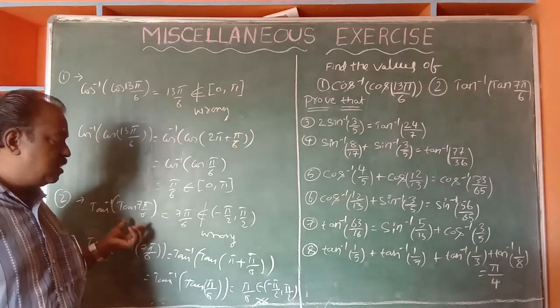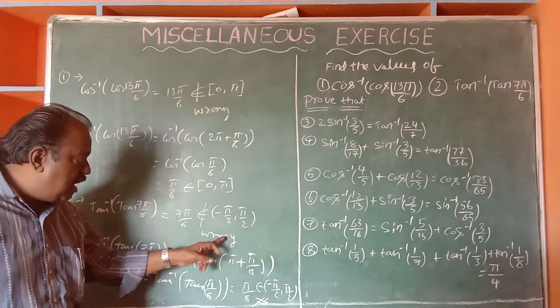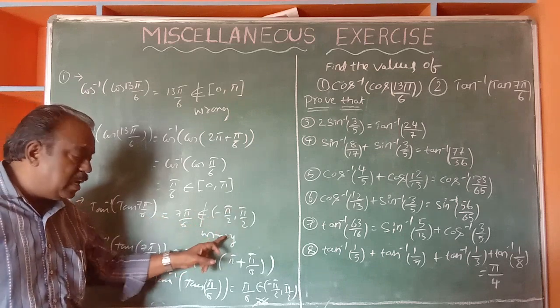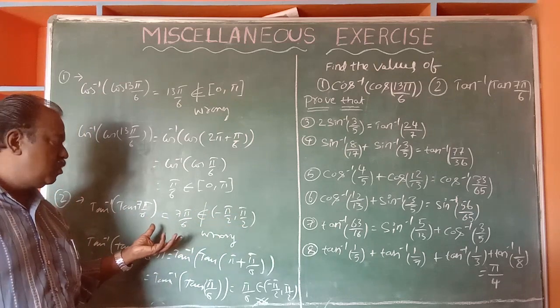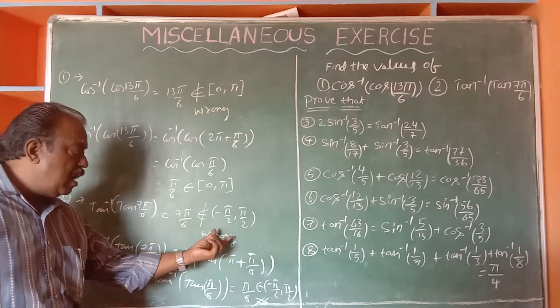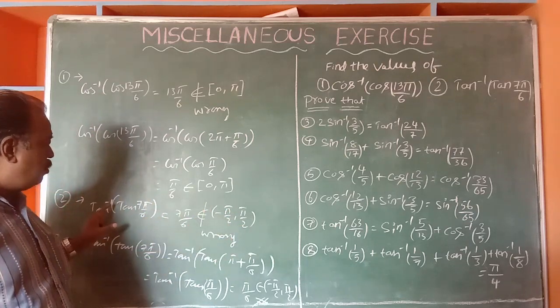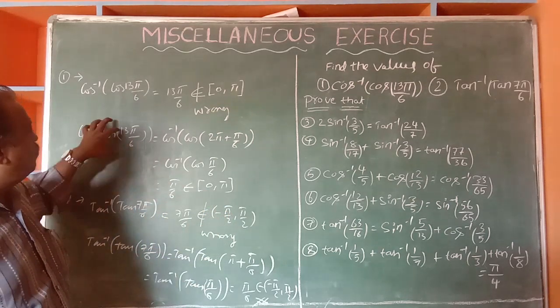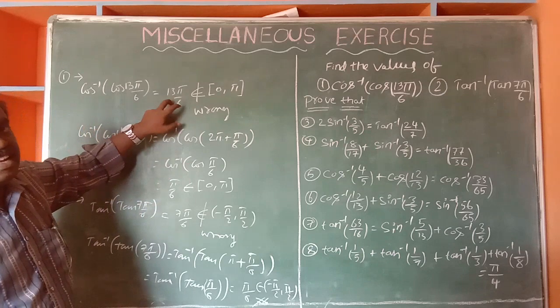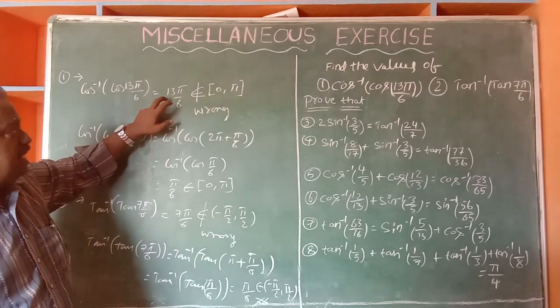Suppose this is asked in the exam, it is not needed to write these wrong steps. Why? Because for your sake, to understand which is wrong, I am explaining this. You simply follow that this is the solution. From here onwards it is the solution; it is not necessary to write the earlier part in the exam.